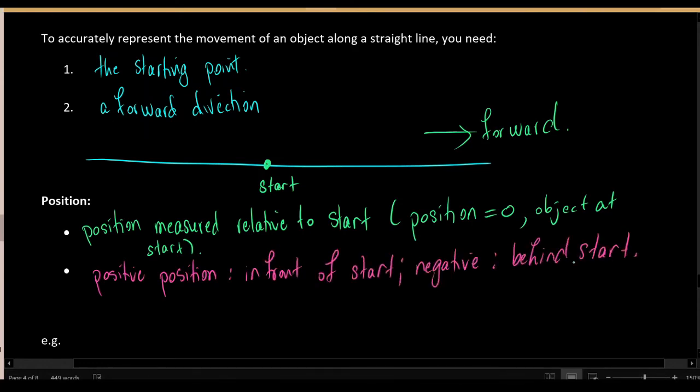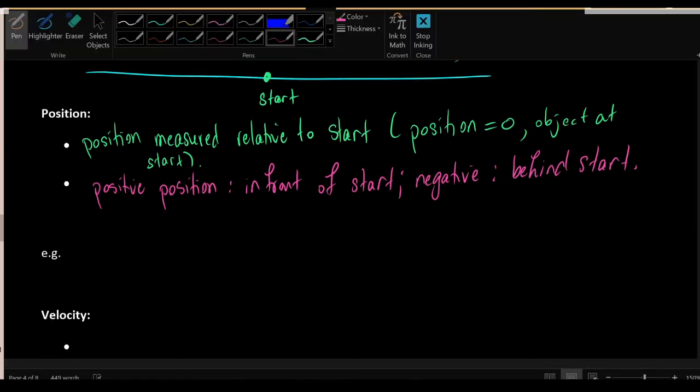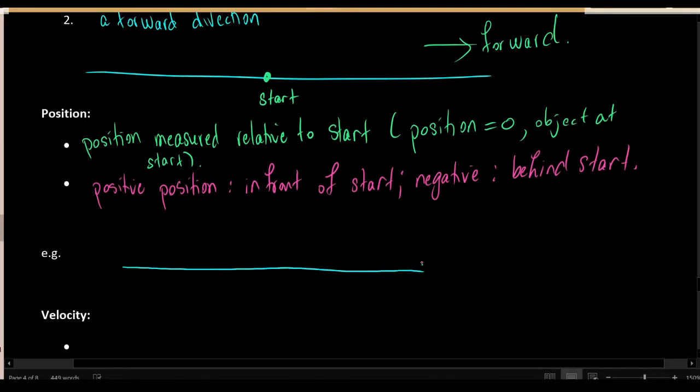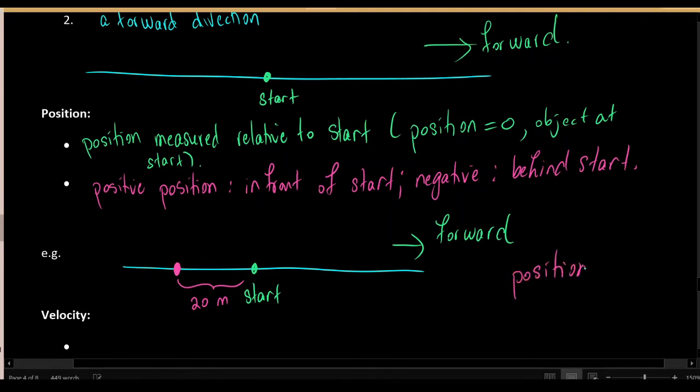So for example, if we were measuring the position of an object with the convention that the starting position will be right here and the forward direction would be this way, then an object located back here, say 20 units, or maybe 20 meters to be specific, behind the starting position, would have a position of negative 20.